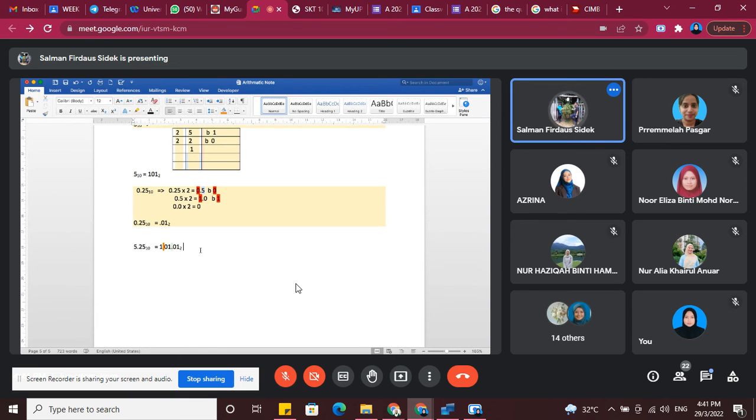So we will get 1.0101 times 2 to the power of 2.